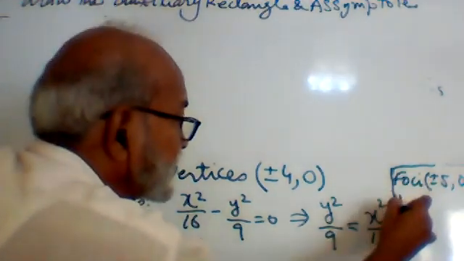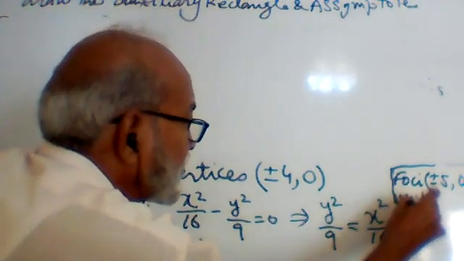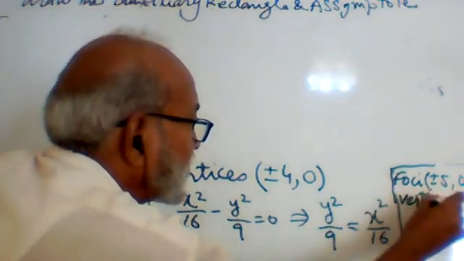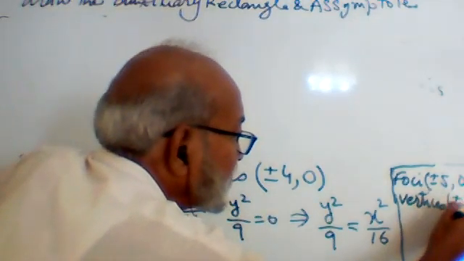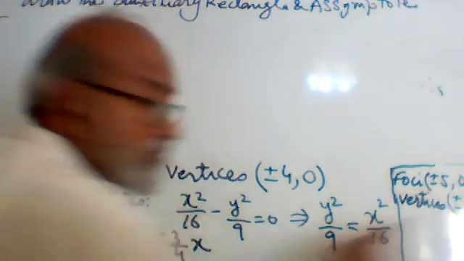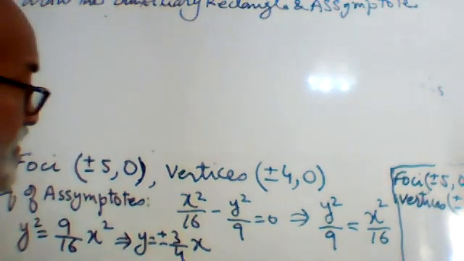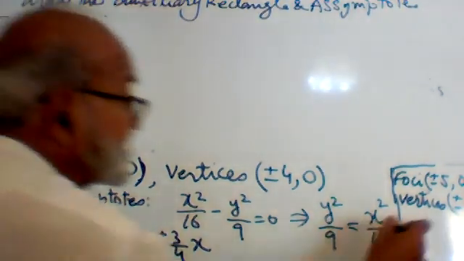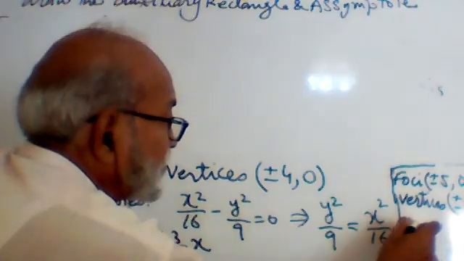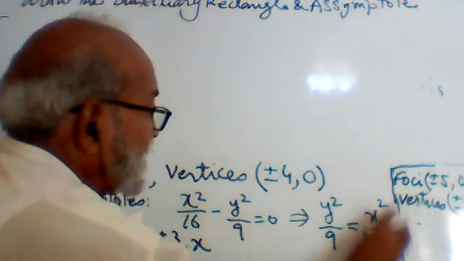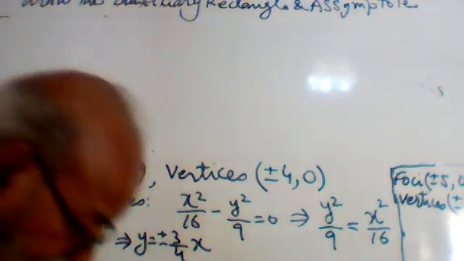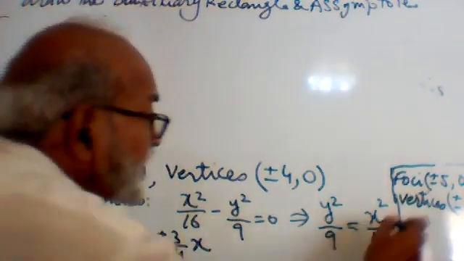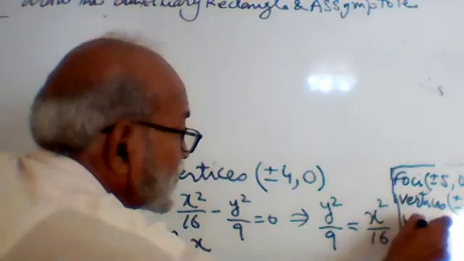Vertices plus minus 4 comma 0. Equation of the asymptotes, and the value of b was 3, b was plus minus 3.